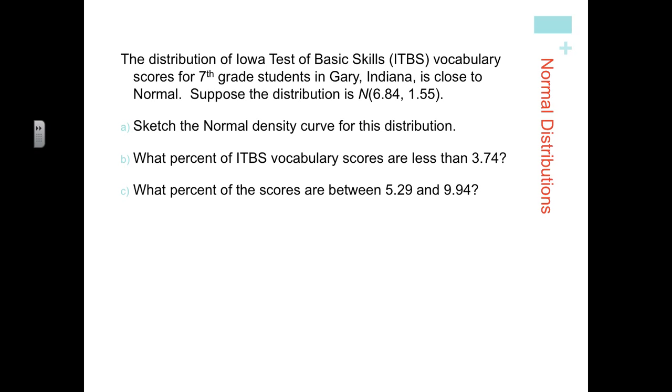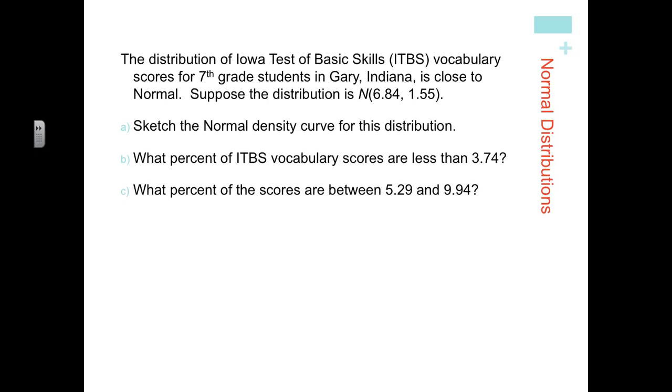So the distribution of Iowa Test of Basic Skills vocabulary scores for 7th grade students in Gary, Indiana is close to normal. They're going to give you a distribution with a mean of 6.84 and a standard deviation of 1.55. So from just that information, I know that it's normal.